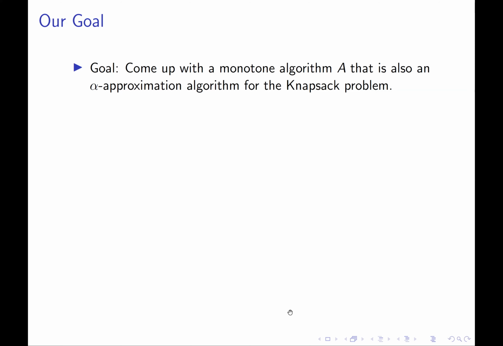Our goal for the rest of the lecture is a purely algorithmic problem. There's no mention of incentives here, but of course we know from last lecture that if we can accomplish our goal, then we can read off the payment rule from last lecture that will, combined with our approximation algorithm, provide a dominant strategy truthful mechanism for approximating social welfare in knapsack auctions.